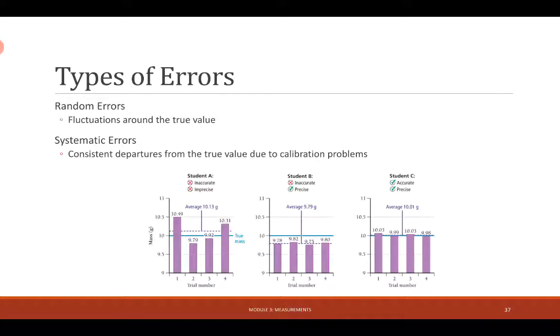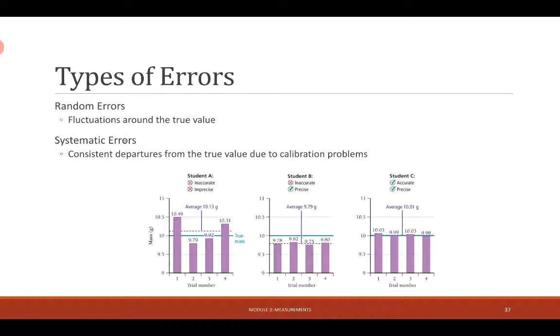As far as types of errors go, we have two different types of errors that we will talk about. We have random errors, which refer to fluctuations around the true value, and we have systematic errors, which mean consistent departures from the true value, which indicates a calibration problem, meaning our instrument is just off from the true value by some amount.